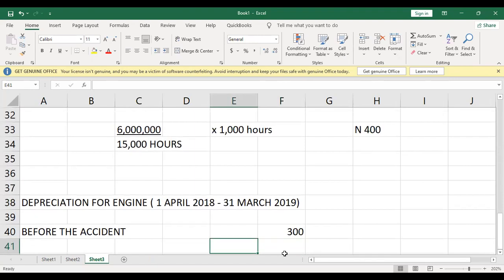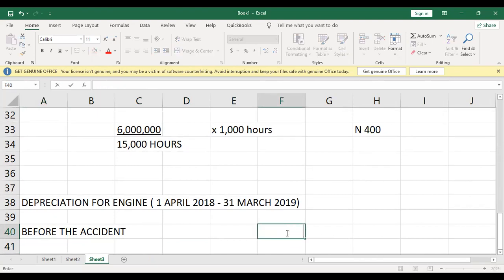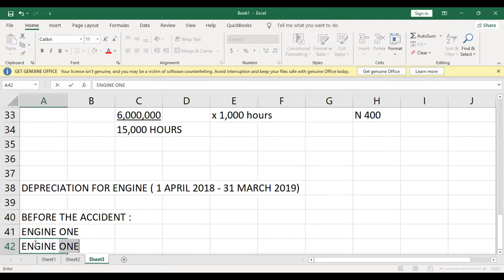Now, before the accident, we were making use of 2 engines. True or false? Had 2 engines. So let me separate them for easier understanding. Before the accident, engine 1 and engine 2. It's 300 and 300.